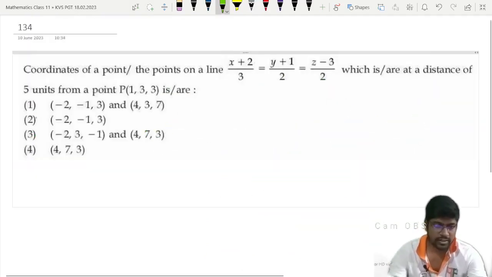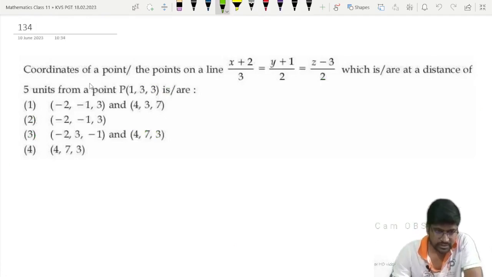Now come to question number 134. Now here what we have to find is the coordinates of the points on this line which are at a distance of 5 units from the point P, whose coordinates are 1, 3, 3. So we have to find the coordinates of the point on this straight line.